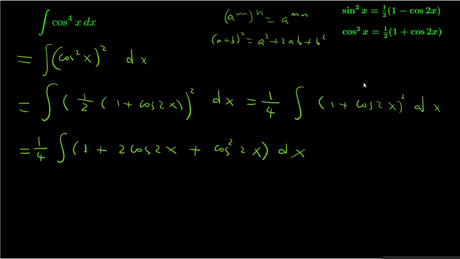It's easy to evaluate that 1. It's easy to evaluate that cos of 2x. Now the only thing you need to work on is the integral of cos of 2x, the whole thing squared. Probably I need to use one more slide to cover everything, but I want to evaluate cos of 2x, the whole thing squared, separately.